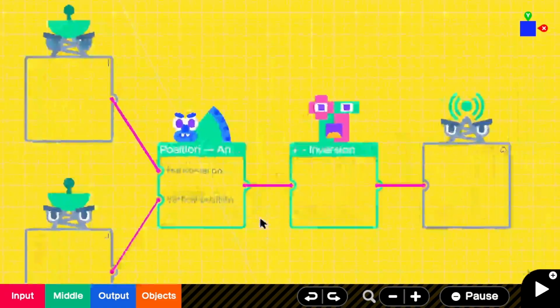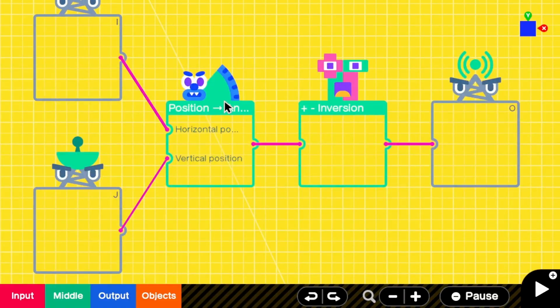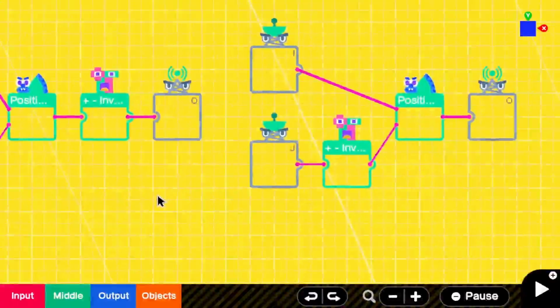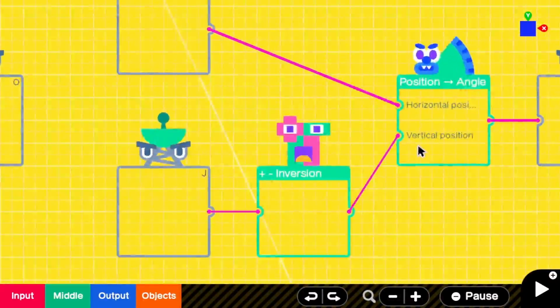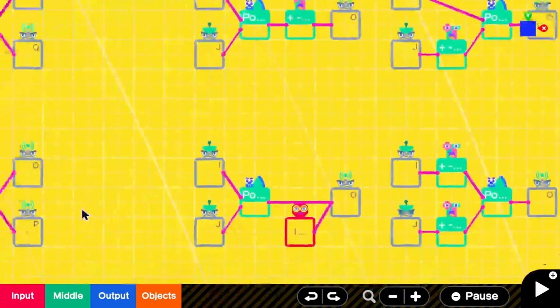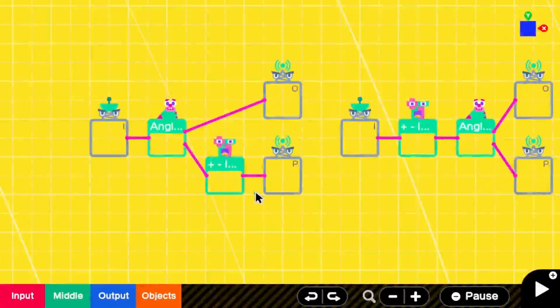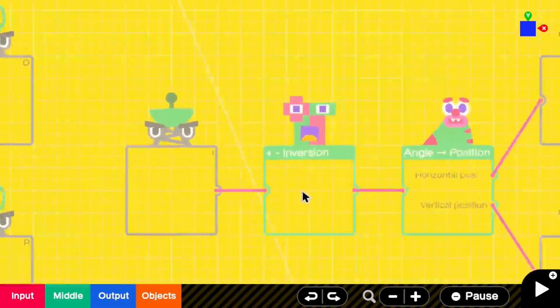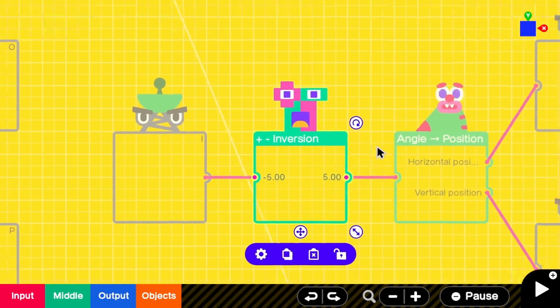Here, for example, if we want to take the position to angle nodon and invert the angle, well, what we can do instead is invert the vertical position here. So this is basically the mirror of what we did here, where we inverted the vertical position output and instead inverted the angle.